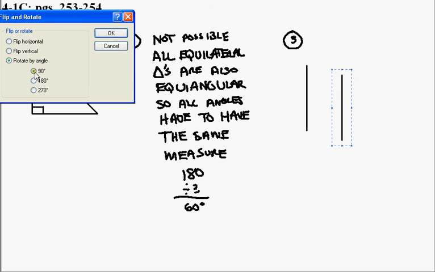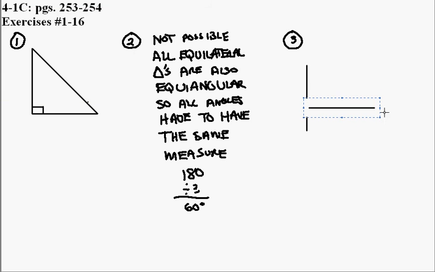If I rotate by 90, then I might be able to move this in a little different direction, perhaps, maybe not. So let's do this. Let's get rid of that.